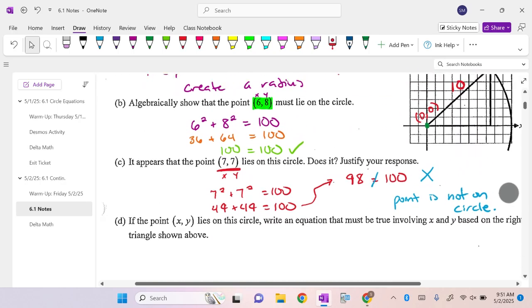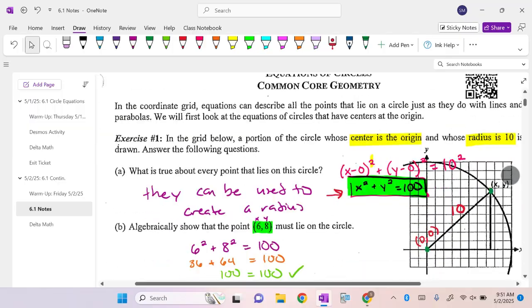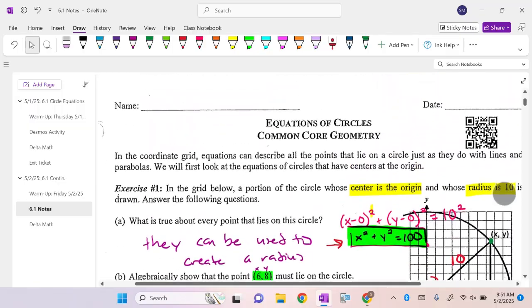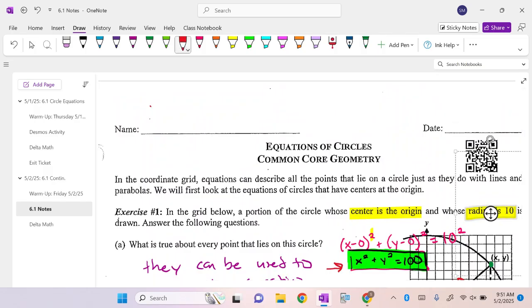All right. Now we're going to skip letter D because that's just kind of implying the whole circle part. But at the top of your paper, I do want you to write what's on the board in red. I do want you to have somewhere that the center is equal to (h, k) and the radius is equal to r.